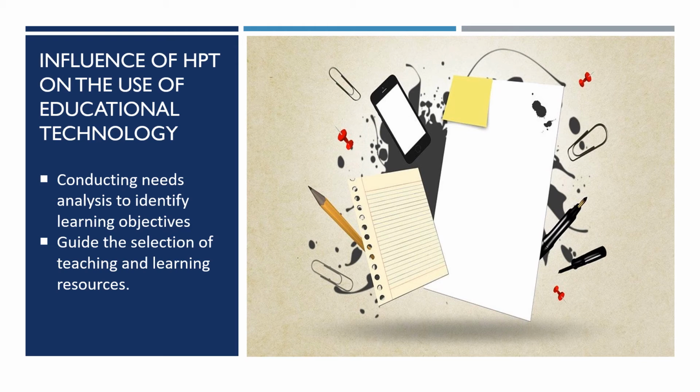According to Che 2015, HPT is applied to an online learning environment to enhance teacher development programs, and added that human performance technology is more about building capacity to perform better.